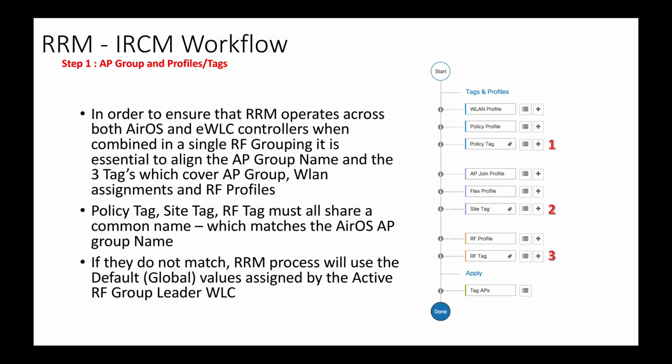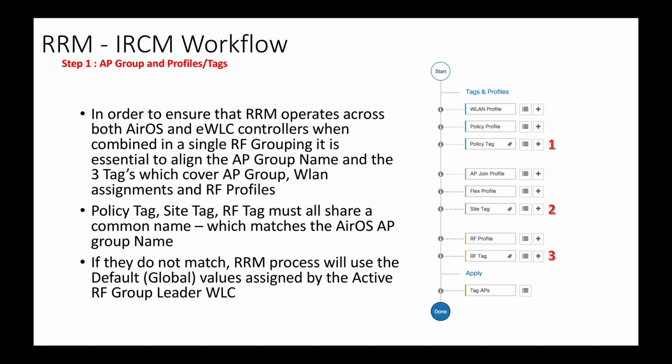Making EWLC work within the same RF group as AirOS controllers requires a little bit of special handling. Most everyone is using AP groups now, and in order to make an AP group match the AP tag that we're now applying within EWLC's concepts, the names for the site tag, the policy tag, and the RF tag must share the common name which matches that of the AP group in AirOS.